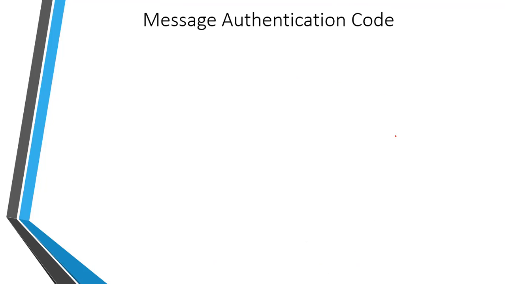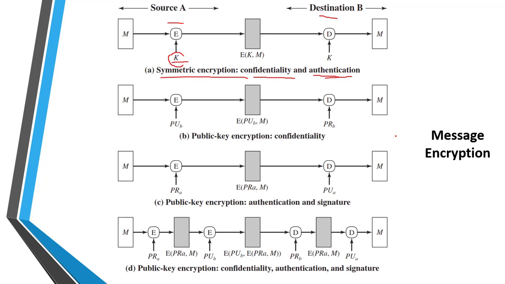Next is public key encryption. In public key encryption, source A uses the public key of destination B and encrypts the message. On the receiver side, only receiver B knows its private key and decrypts the message.